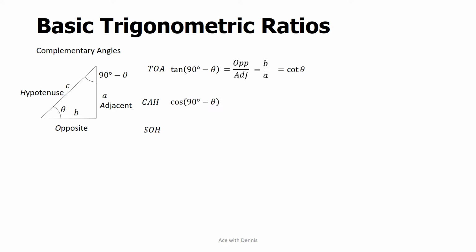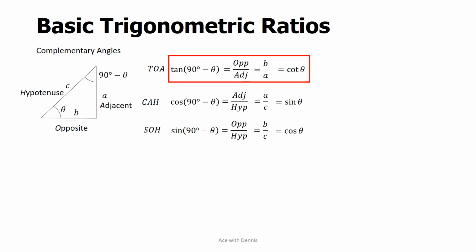For cosine 90 degrees minus theta, it equals adjacent over hypotenuse, which is A over C, and it equals sine theta. For sine 90 degrees minus theta, it equals opposite over hypotenuse, which is B over C. It also equals cosine theta.